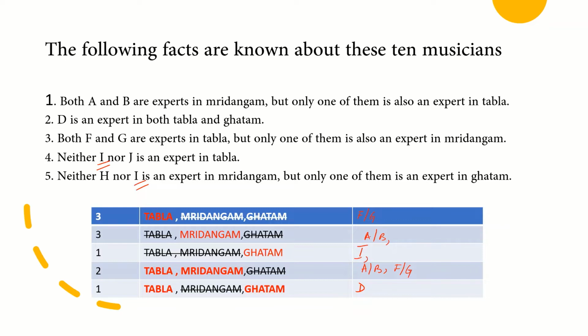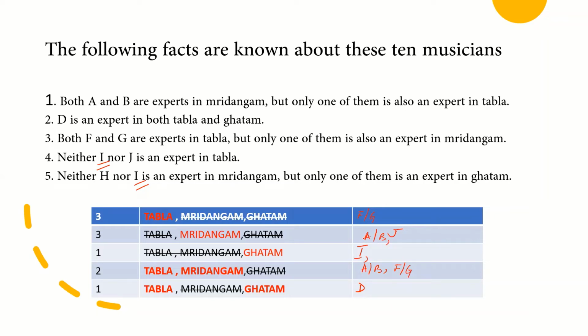Now, J is not an expert in tabla. So J, he has to be mridangam, because there was one person for ghatam, which we have already accounted for. So there has to be one person who plays the mridangam, and we have an option here.